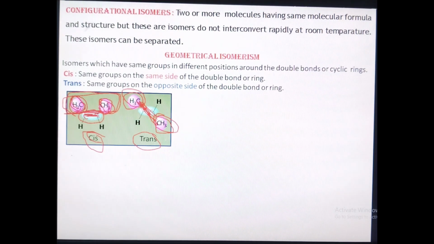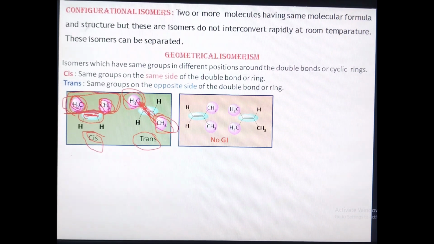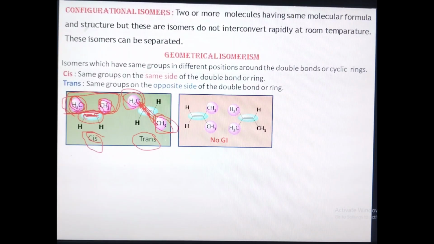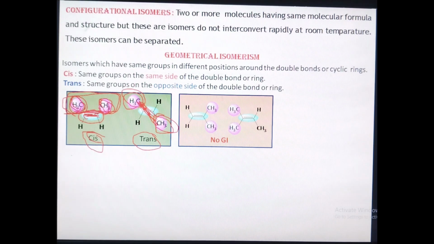Okay, this is about geometrical isomerism. It may be in a ring or cyclic groups. And one condition is there. When the double bond carbon has the same groups attached to it, the molecule will not show geometrical isomerism. See here, this carbon has two hydrogens, two same groups attached to this carbon atom, and here also two methyl groups are attached to this carbon atom.